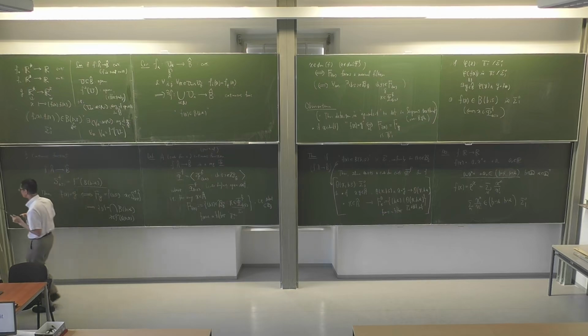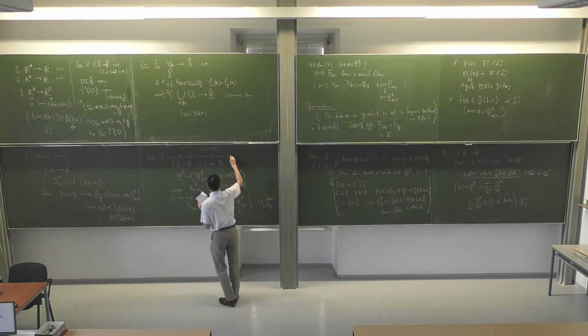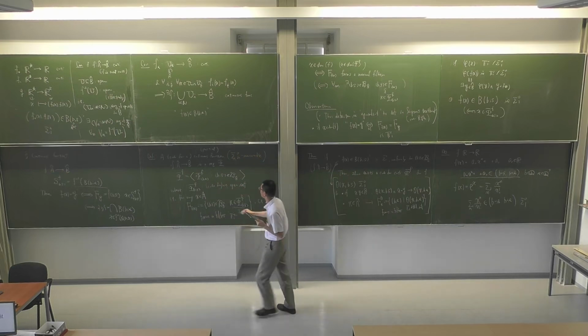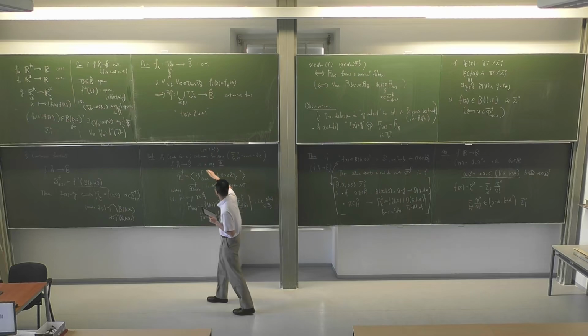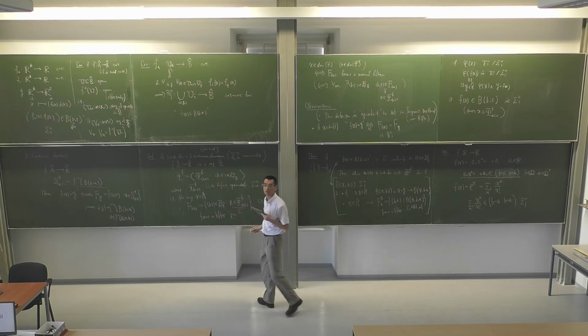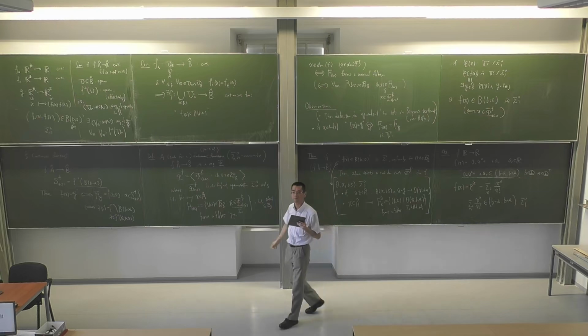I would probably use a different color. I will just try to rewrite the definition. So sigma 0n measurable means that now these are sigma 0n sets, and the main part is just the same.